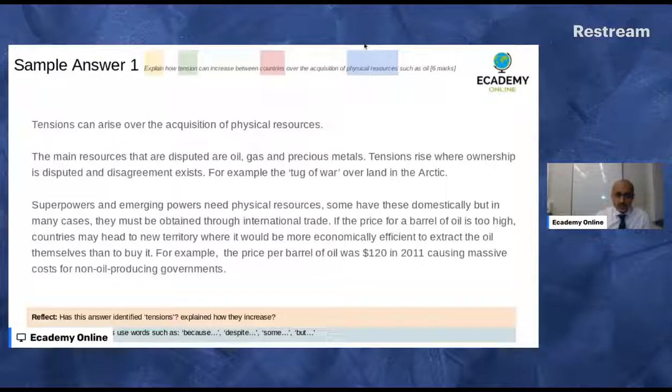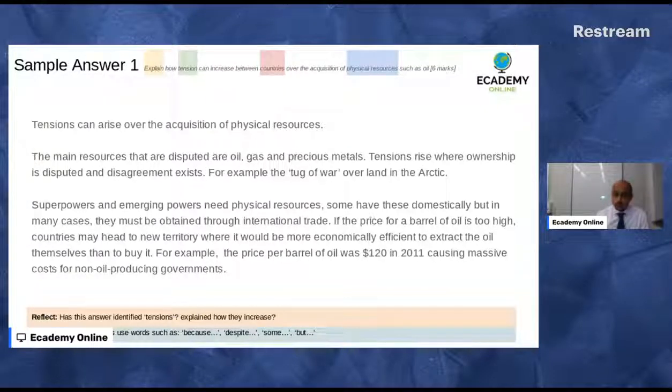The second sentence, the main resources that are disputed are oil, gas, and precious metals. Okay, now that's much better. So it's establishing some examples of physical resources that could potentially be answered in the question. Tensions rise where ownership is disputed and disagreement exists. Okay, for example, the tug of war over land in the Arctic. Now that's a really succinct description.